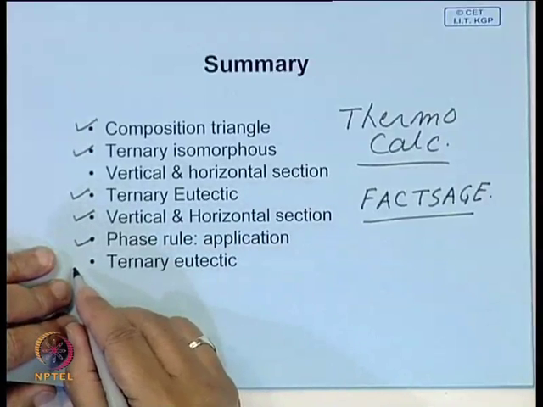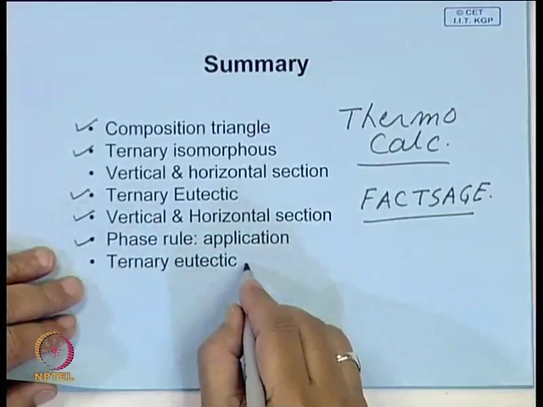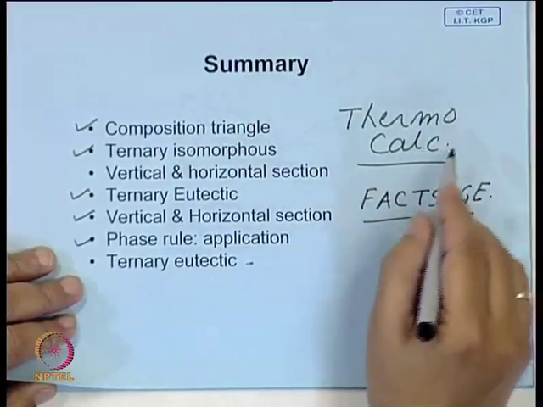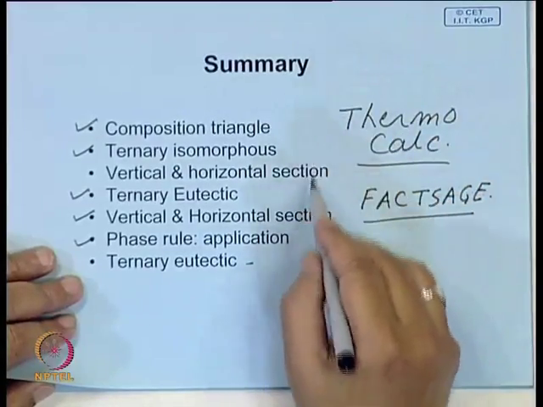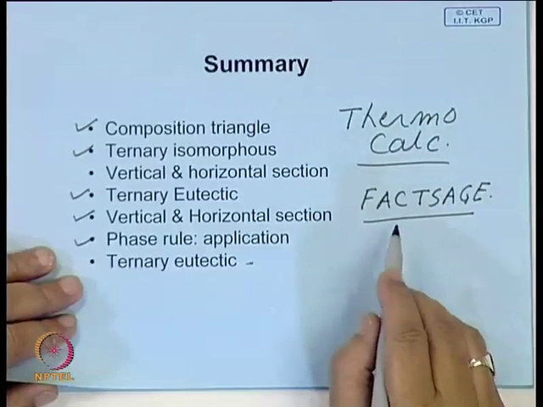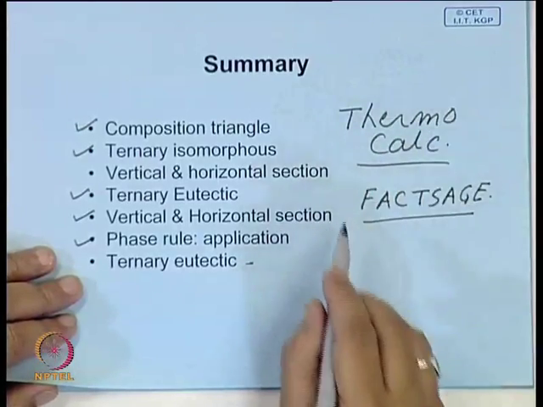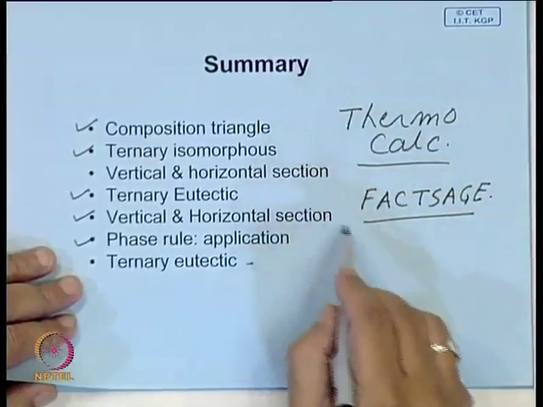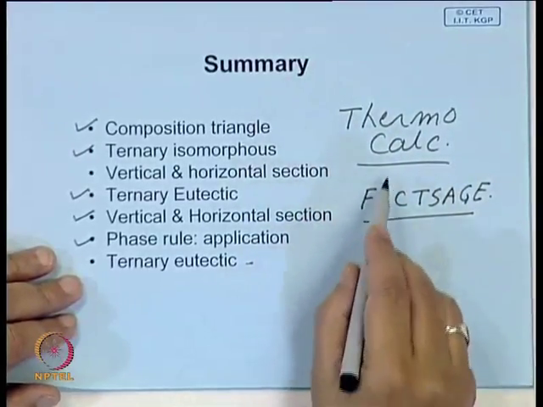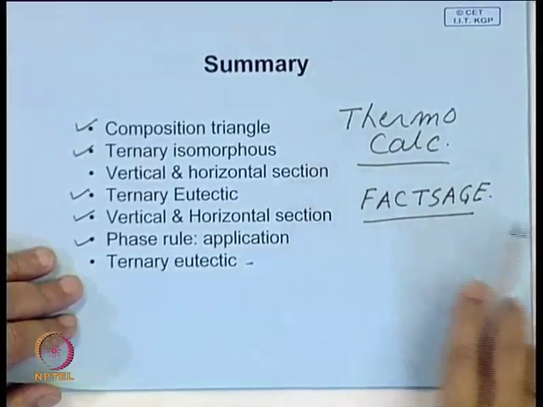We looked at the ternary eutectic calculation, and we also looked at how this concept can be extended to understand equilibrium in higher order systems. There, in all probability, you have to resort to thermodynamic databases with solvers, and there are commercial packages available like Thermo-Calc and FactSage.